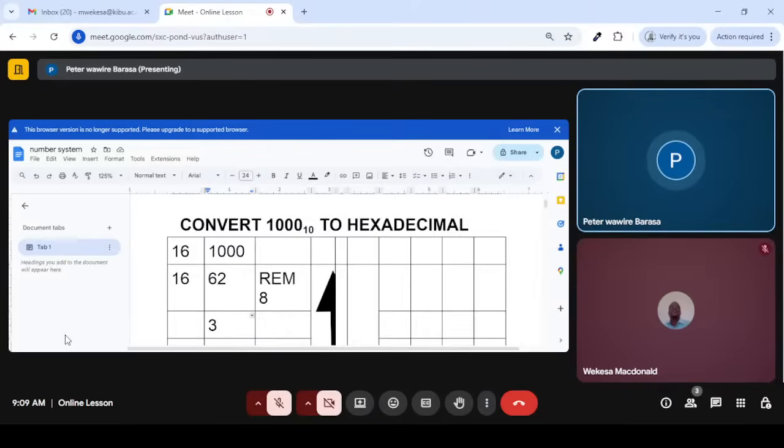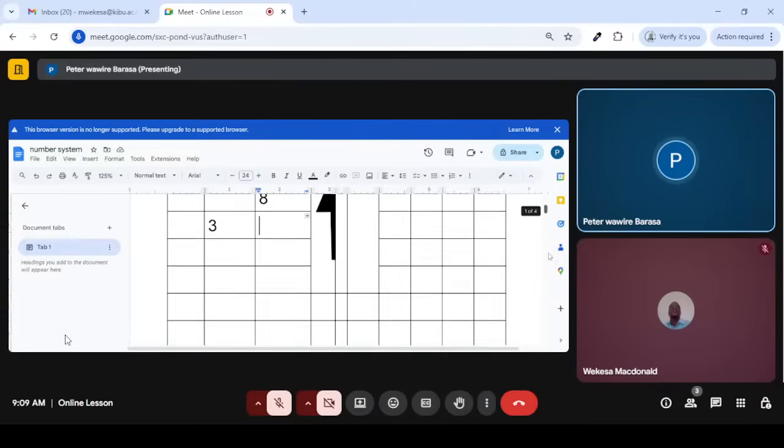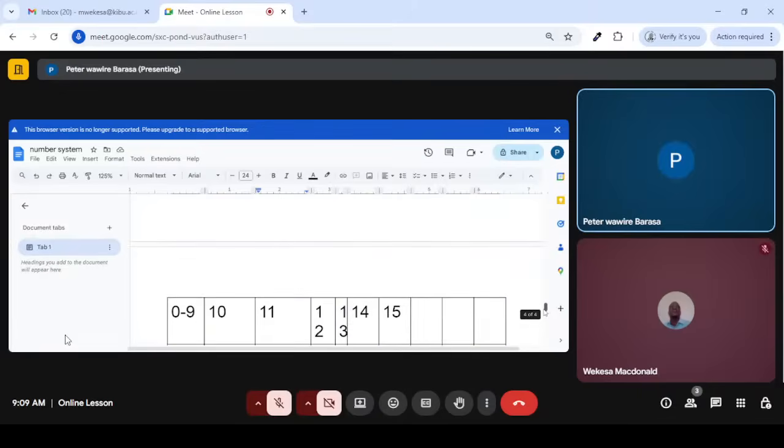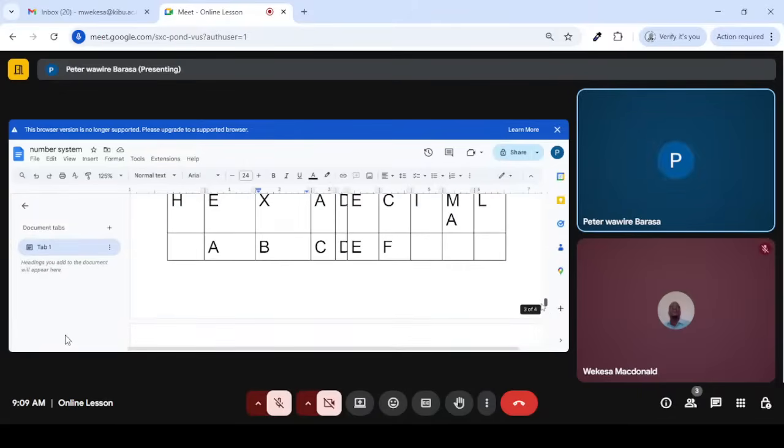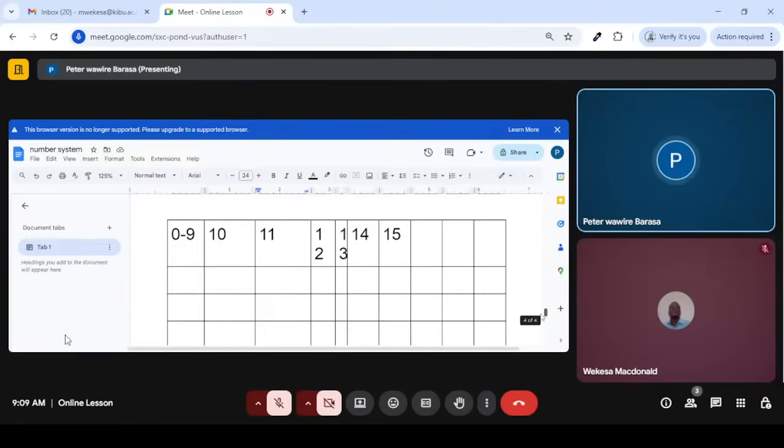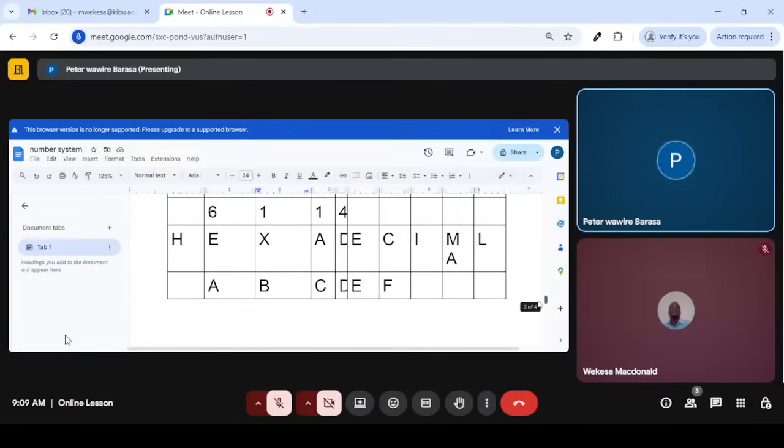So you don't write 14 here now. I said when you reach 10 is A. B is 11. C is 12. D is 13. So I just want to remind you what we've said here, that 14 is E. A, B, C, D, E. 14 is E. Then F is 15.